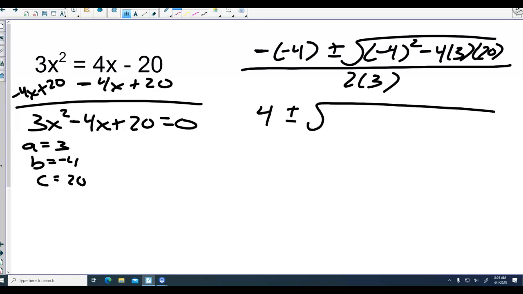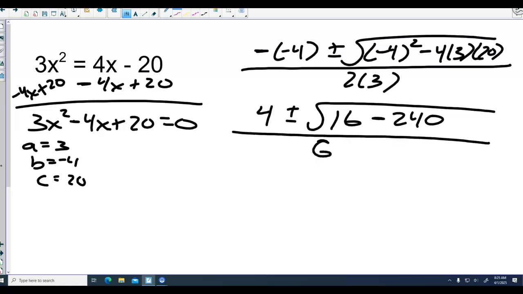Most people are okay with that. Negative 4 squared is positive 16. That's one of the common mistakes I saw. People writing negative 16. You're squaring the negative 4. It's not negative and then the 4 squared. Okay? Now in this case here, 4 times 3 times 20 is 240. And that goes all over 2 times 3, so we get 6.